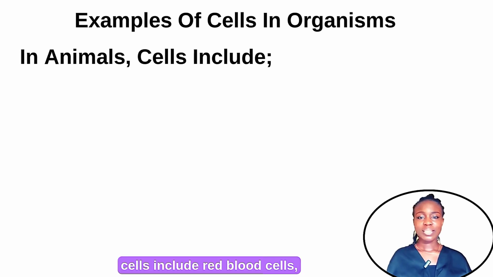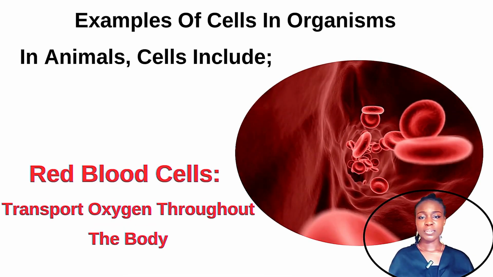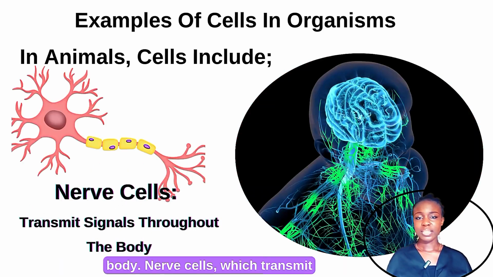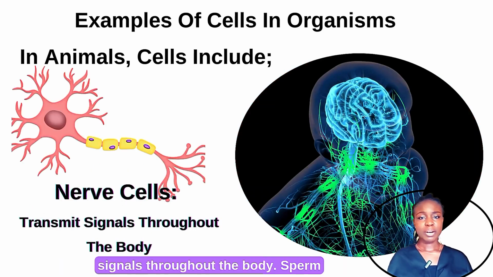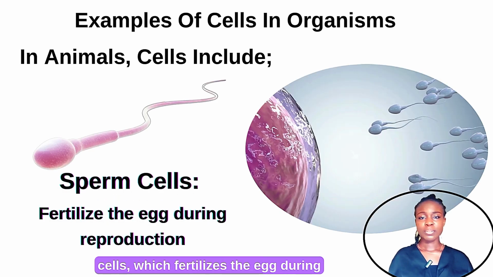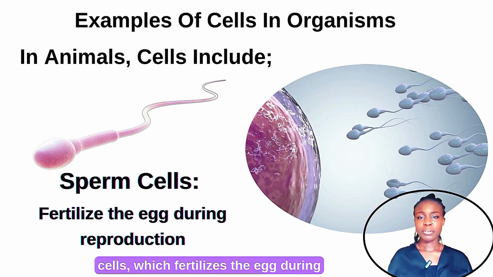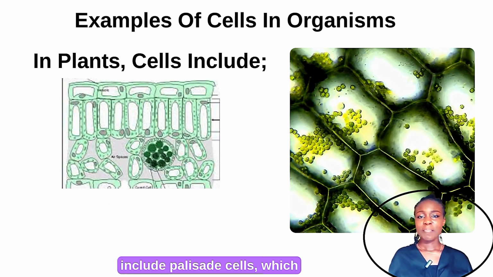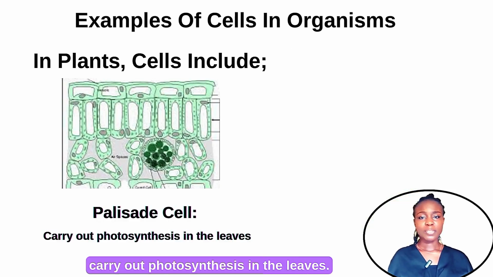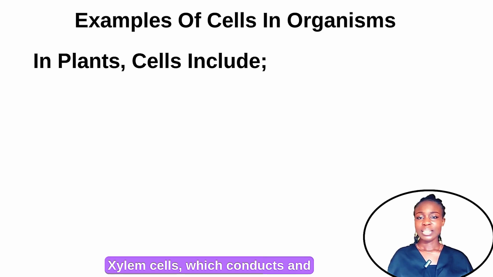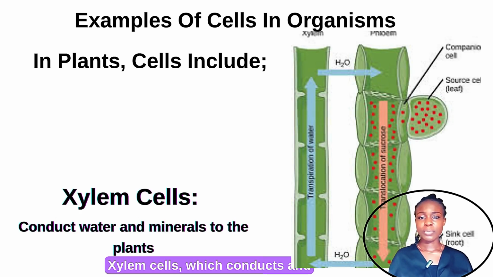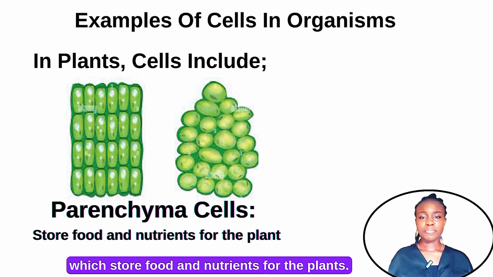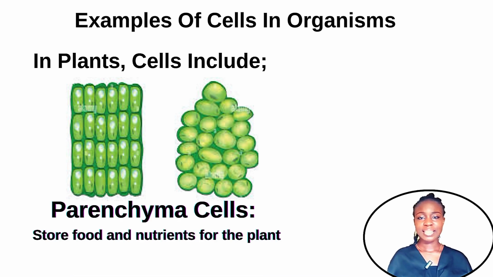In animals, cells include red blood cells, which help to transport oxygen throughout the body, nerve cells, which transmit signals throughout the body, sperm cells, which fertilize the egg during reproduction, while in plants, cells include palisade cells, which carry out photosynthesis in the leaves, xylem cells, which conduct water and minerals for the plants, parenchyma cells, which store food and nutrients for the plants.